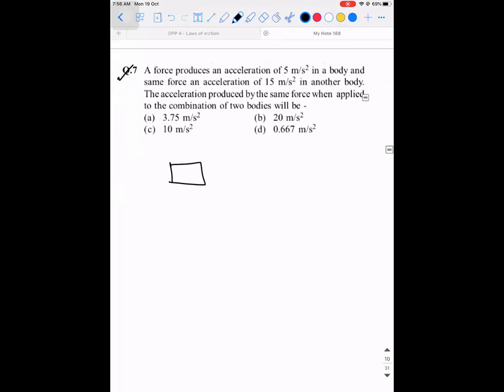So let's say there is a block of mass capital M, because acceleration is inversely proportional to mass. Similarly, you have another block of mass small m. The same force is applied and it causes an acceleration of how much? 15 meters per second square.